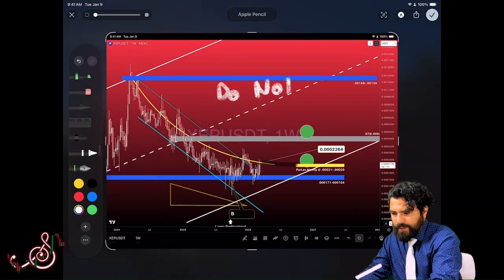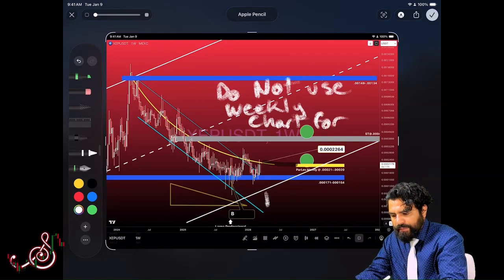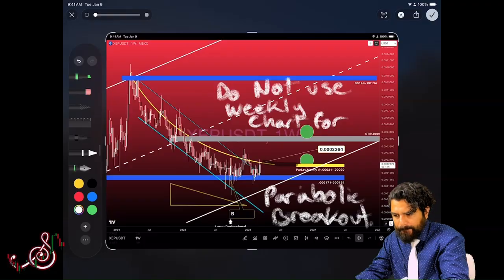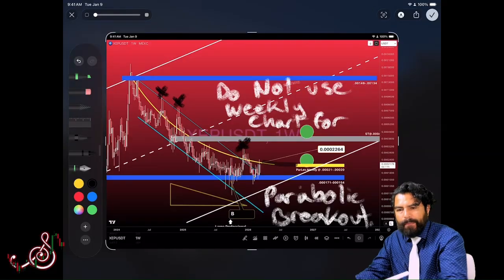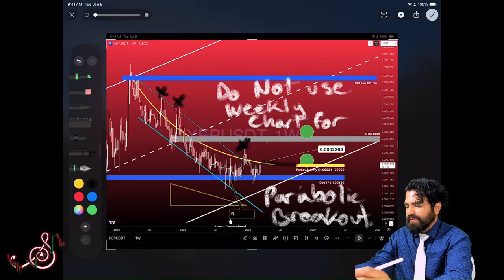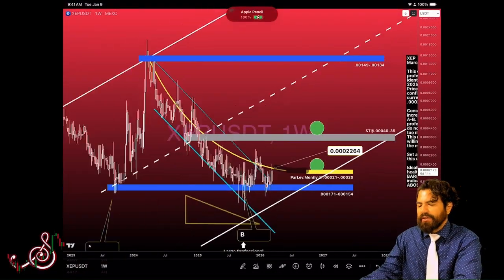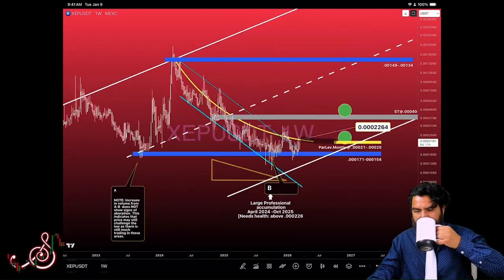Do not use weekly chart for parabolic breakout. Okay. You're going to set yourself up for failure. That's why sometimes you guys are all trading way too small and your oscillations don't make sense. And you can use your larger charts, but it causes you to have patience.